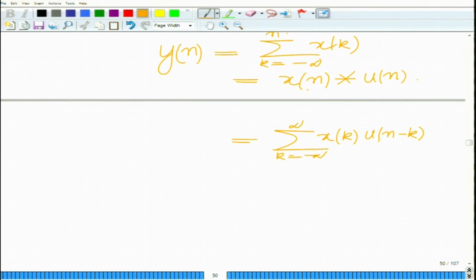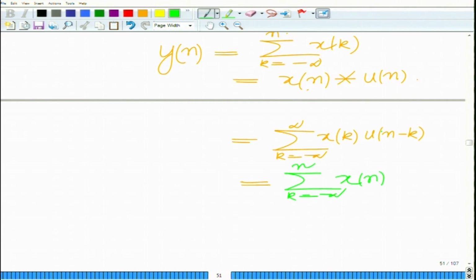This is non-zero only for k less than or equal to n. So, this is basically summation k equals minus infinity to n of x of k, correct.